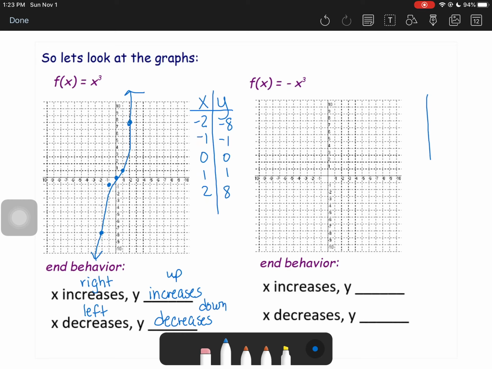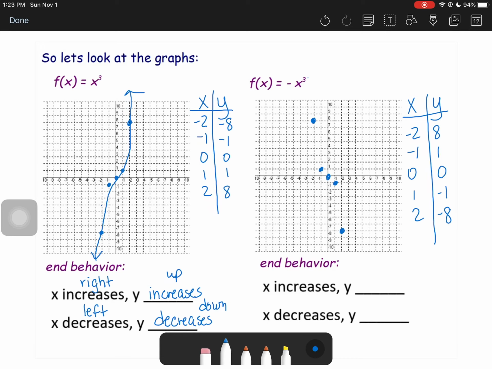If we were to switch our function, we would notice that the y values become the opposite, because after we cubed them, we then take the opposite sign. So -2 would be +8, -1 would be +1, 0 is 0, 1 gives -1, and 2 gives -8.